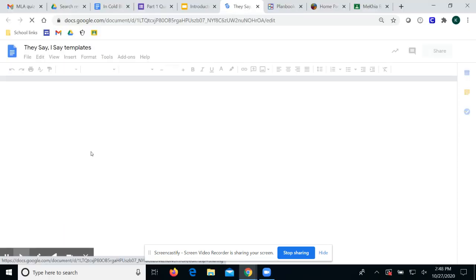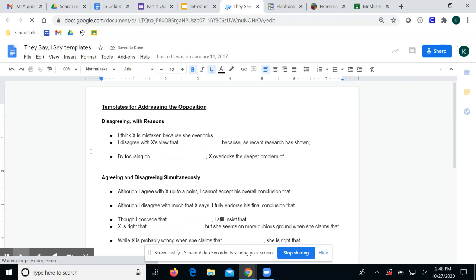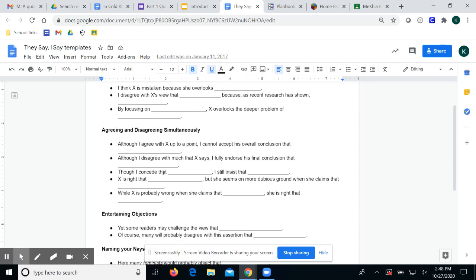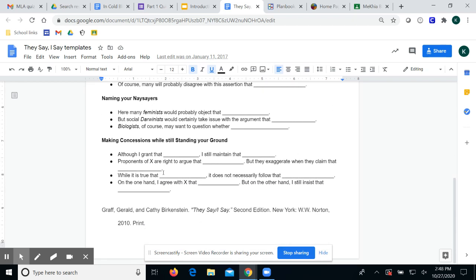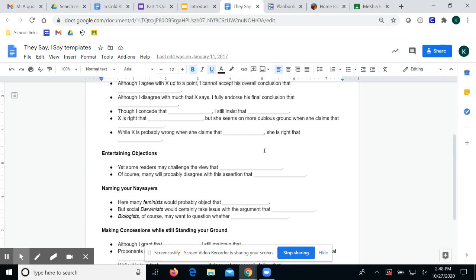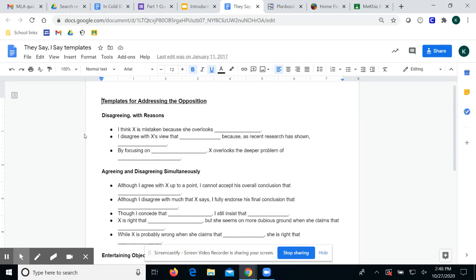So the document that I have linked here is a set of templates from a book called They Say, I Say. And They Say, I Say is basically the okay, but, that here's what they say, here's what I say. And this basically just gives you a set of templates that you could use to respond to the opposition. And there's just places for you to plug in your ideas. So we'll look here.